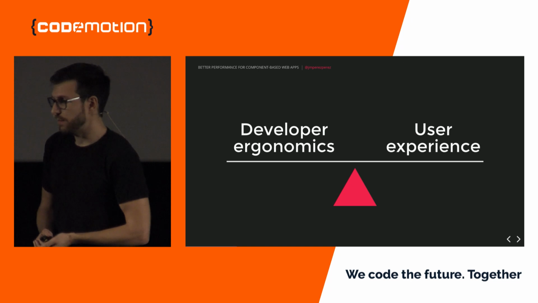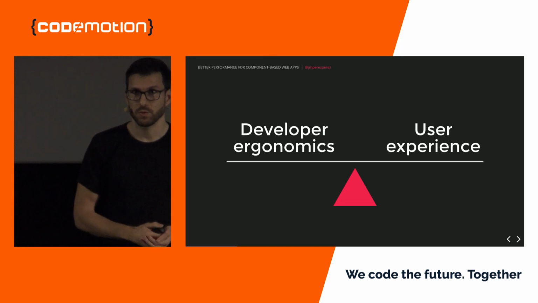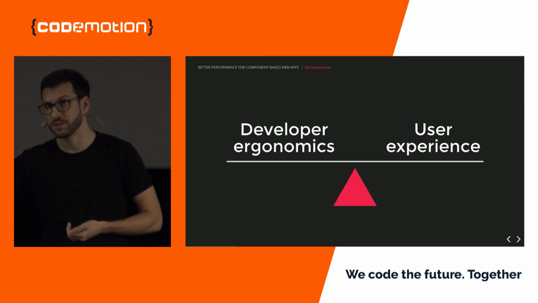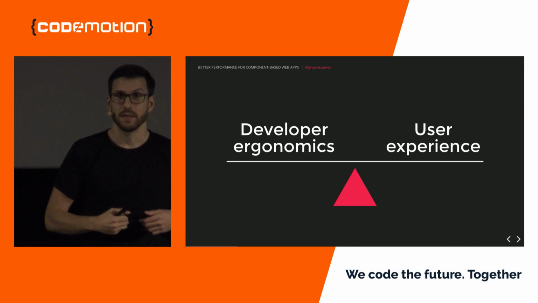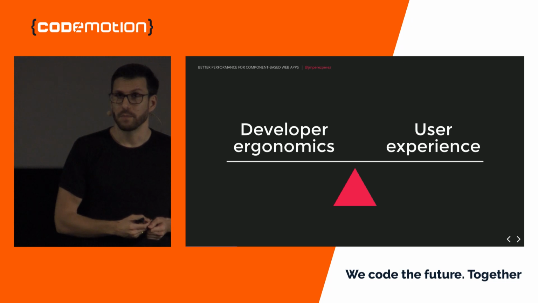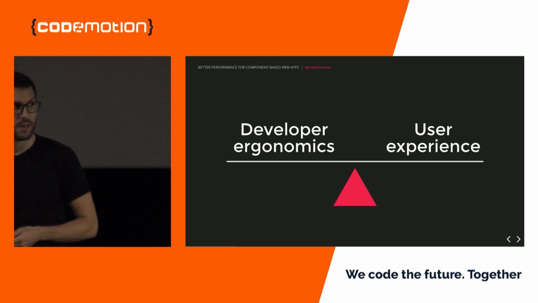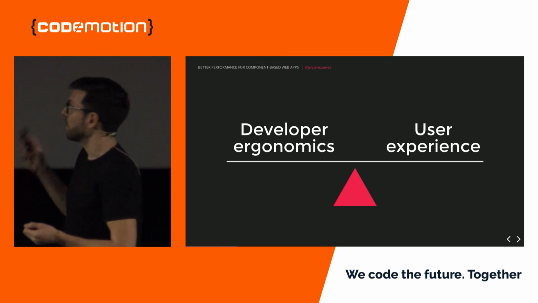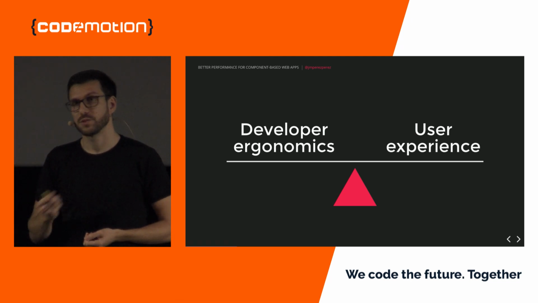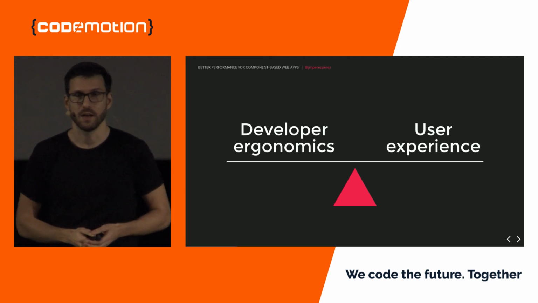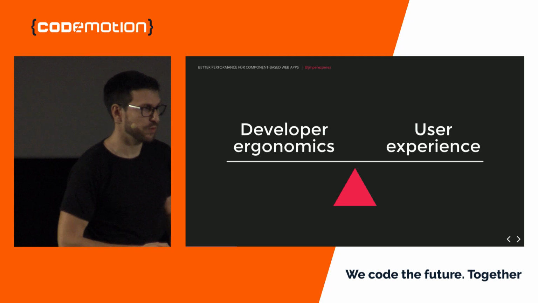So we have the assumption that if we are able to ship faster, then the user will benefit in the end because they will have more features. Or if we can build more solid applications or products, then the user is going to benefit in the end. But the thing is that we don't really take into account the user when we are choosing these libraries. Do we really know what's going to be the impact when we ship this code to the user?